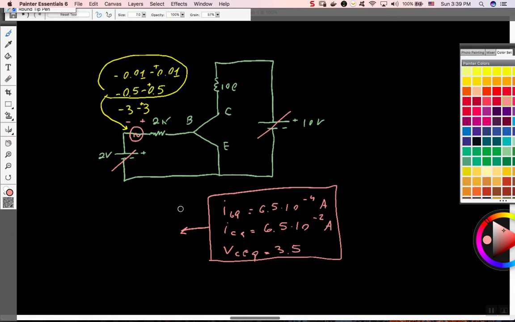But we can say that when a transistor is biased at this quiescent point, IBQ, ICQ, VCQ, then for what the small signal will see, the small signal will approximately see VBE as a resistor.